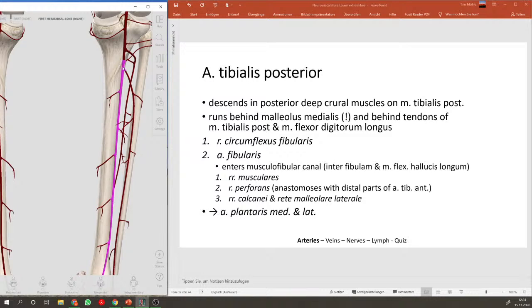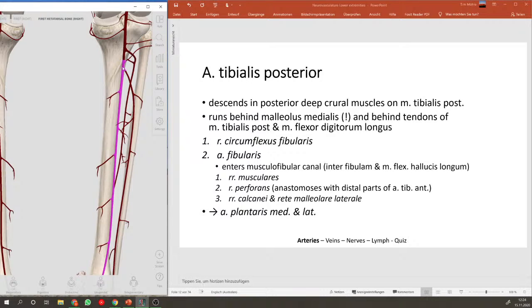And distally, it will form rami calcanei. So this is the fibular artery. You can see it nicely, the relation to the fibula. And if I were to put in the muscles, you can also see the musculofibular canal, but then you wouldn't see the artery.